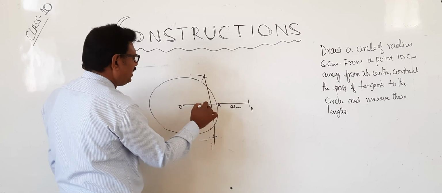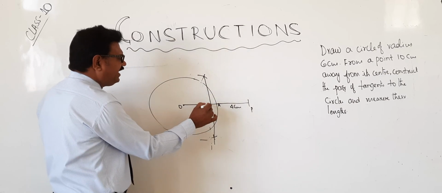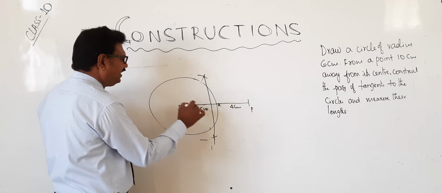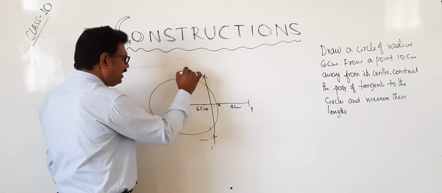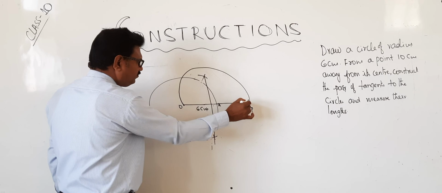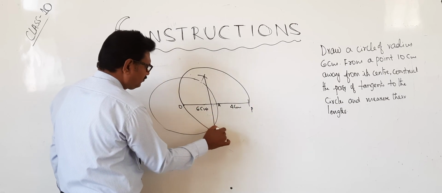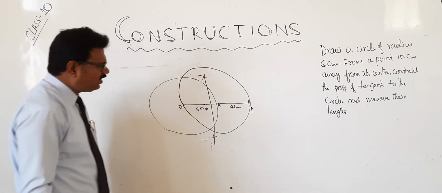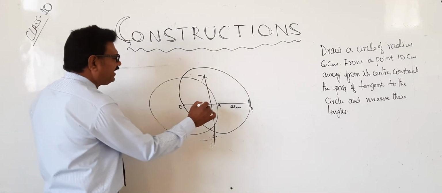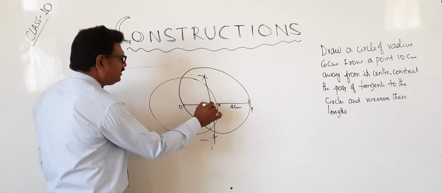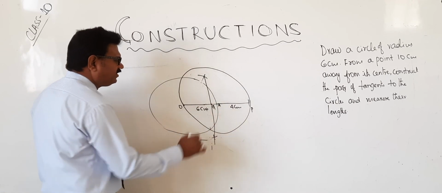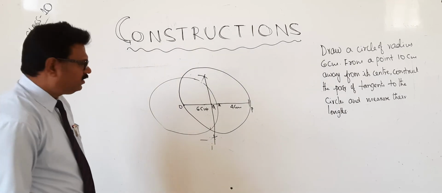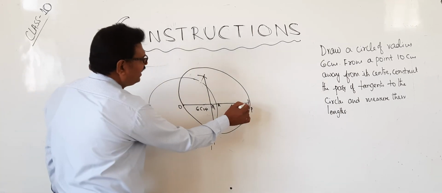Now, from here, take this point as center, draw an arc. Draw a circle by taking this, that is Q, as center. Now, very simple.